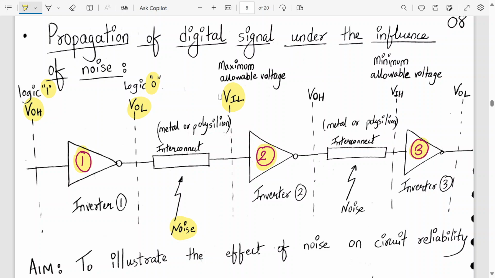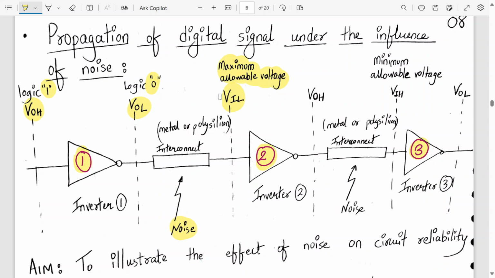Or the maximum input voltage it can take. Okay? Yes. Since this is VOL, this has to be VIL. It is on the input side, and this is the maximum allowable voltage. So what is the maximum allowable voltage? It can correctly interpret it as logic 0.